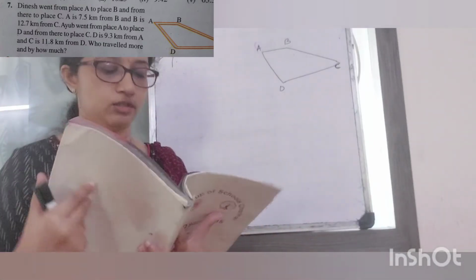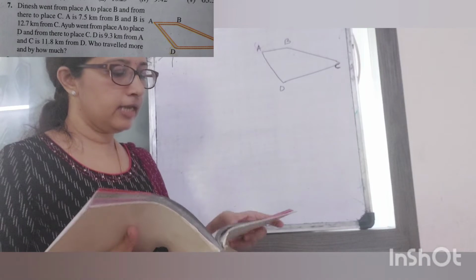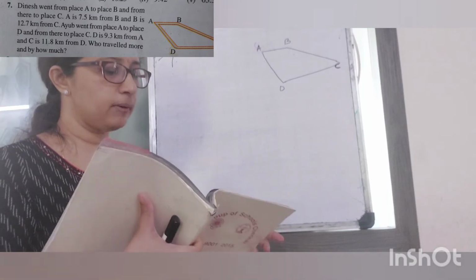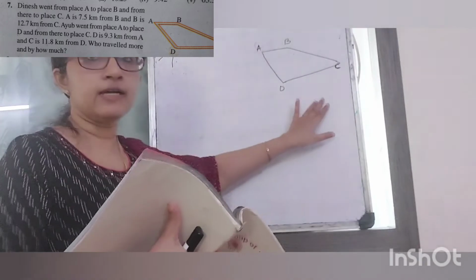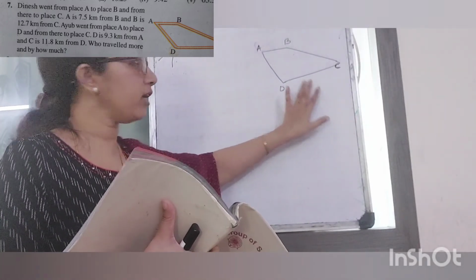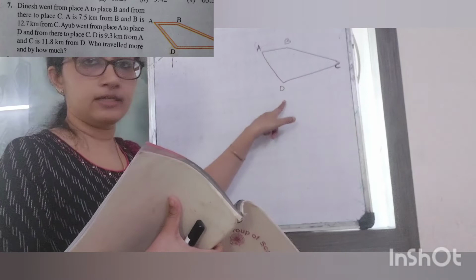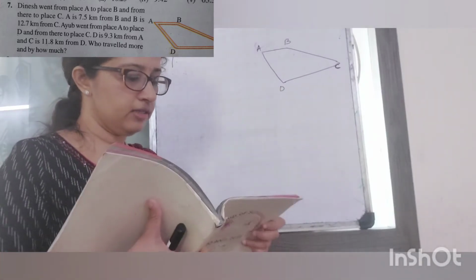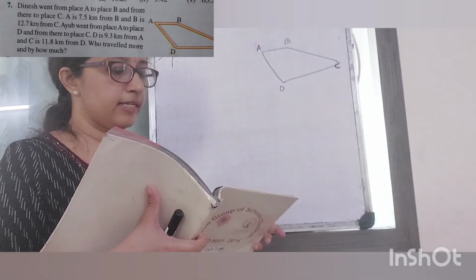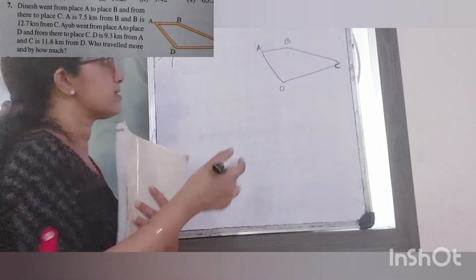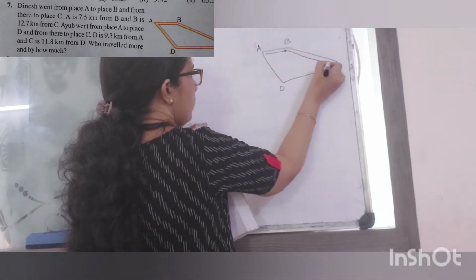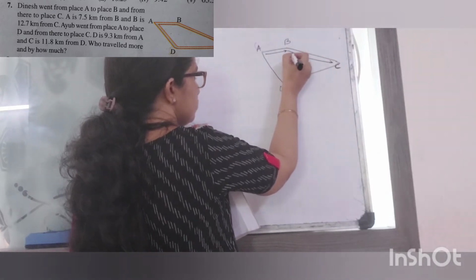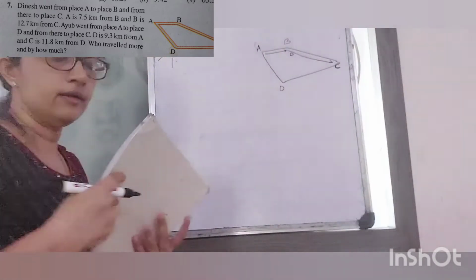Now let's move on to the 7th question. Dinesh went from place A to place B and from there to place C. This figure is given in the textbook itself: A, B, C and D. So he moved in this direction, place A to place B and place B to place C. This is Dinesh.